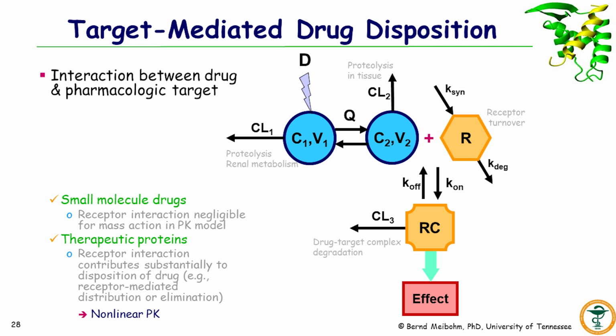The major difference now is that this drug receptor complex or therapeutic protein receptor complex can be internalized in the target cell and can undergo lysosomal degradation. And by that, you not only have a receptor interaction that's reversible, but now you also have a unidirectional elimination process.